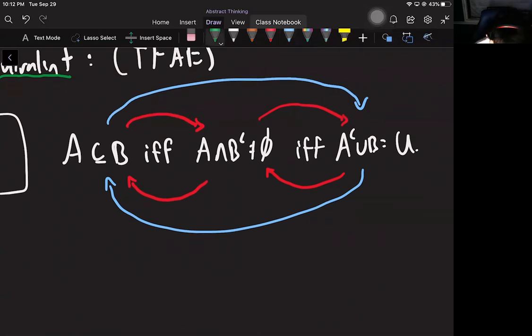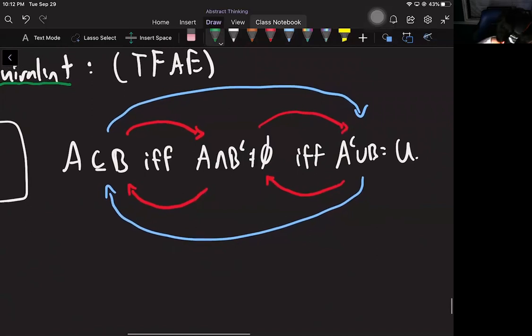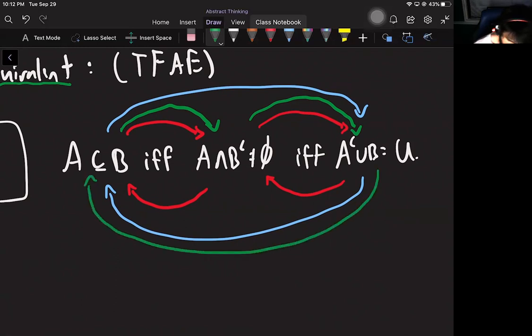So this green marker will come save us. What we're going to do is we're going to show that this one implies this one implies this one, and then we're going to show that this one implies this one. And that'll show all possible relationships. Why is that?